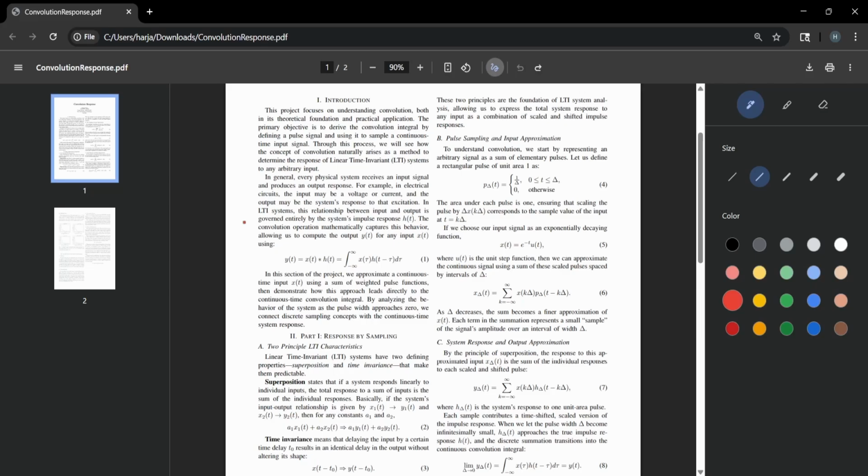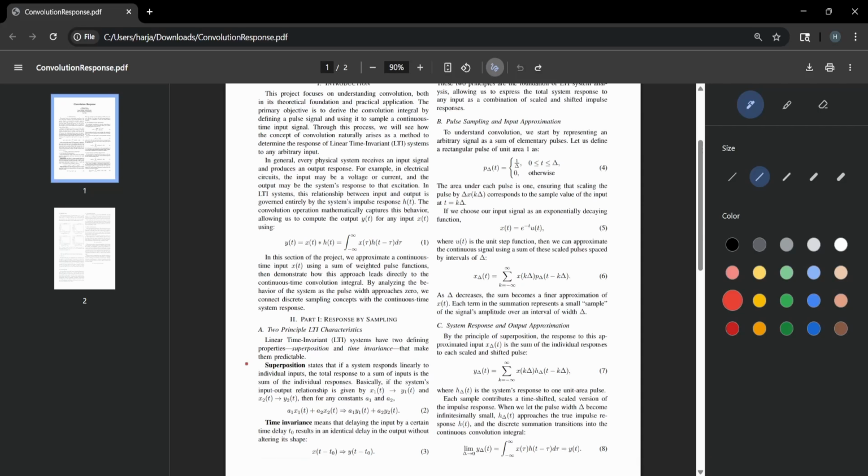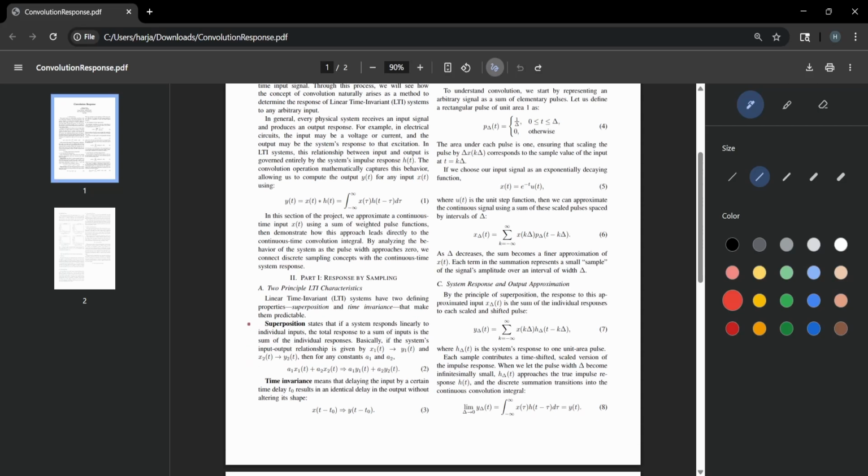Every system we study in control or signal processing receives an input and produces an output. For linear time invariant systems, or LTI systems, there are two key properties: superposition and time invariance.